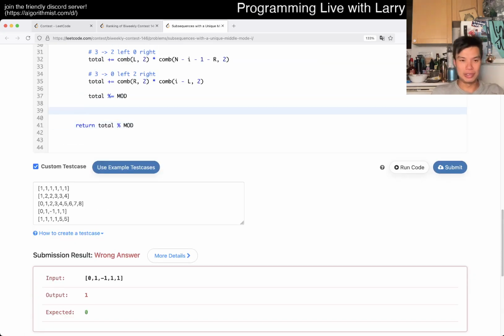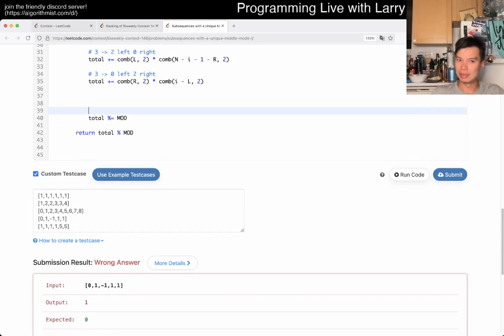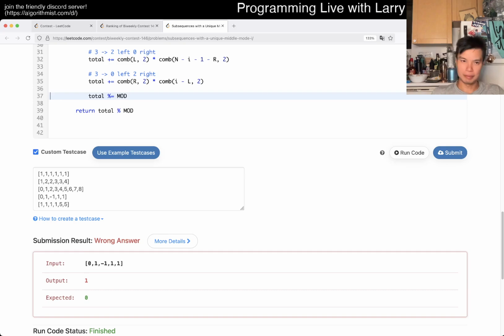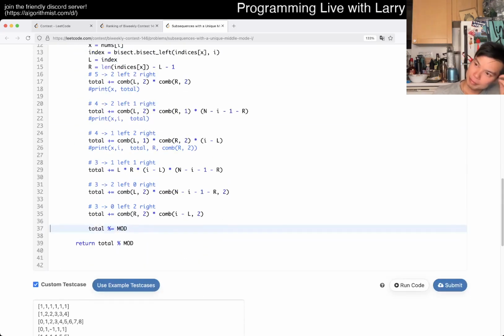Now length 2 is the hardest one, I suppose. I think we just do the math and then length 2 means that they all have to be different.